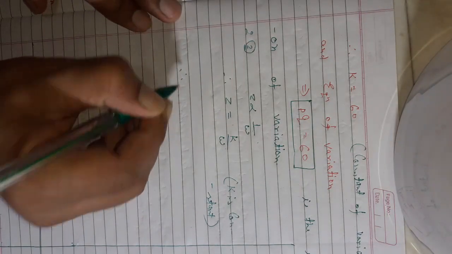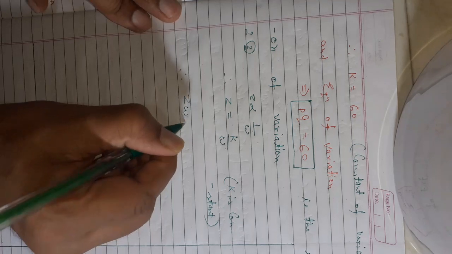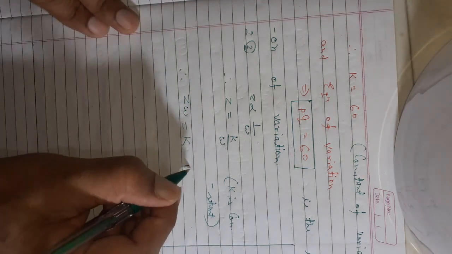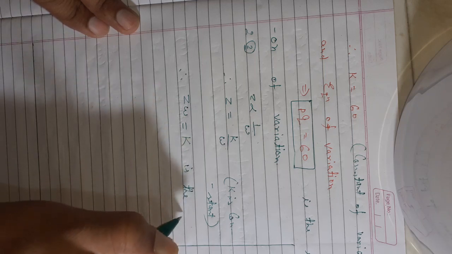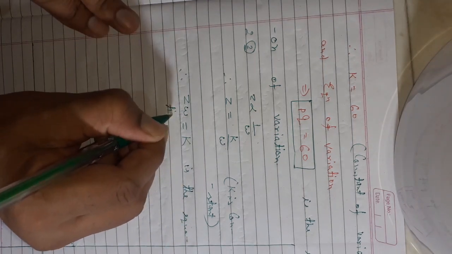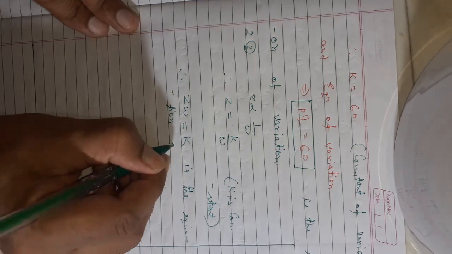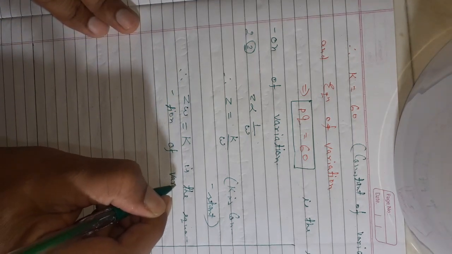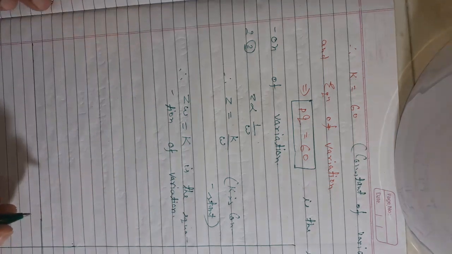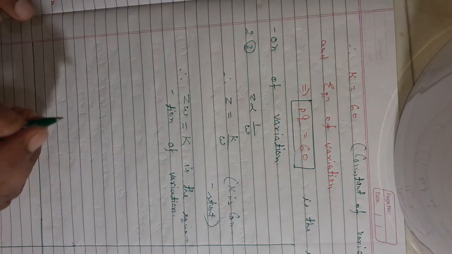So we can say therefore zw is equal to k. Clear? This is the equation of variation.